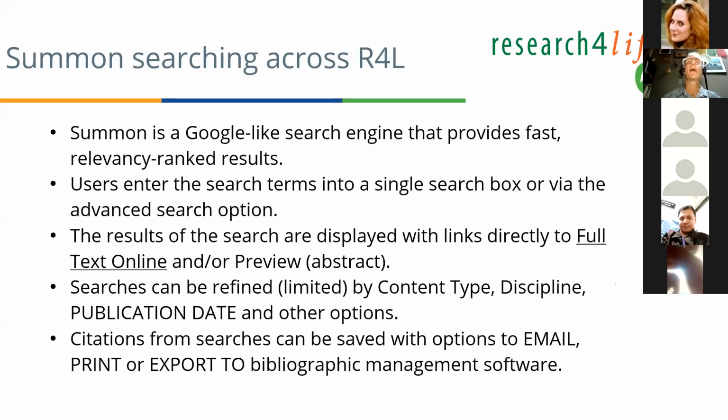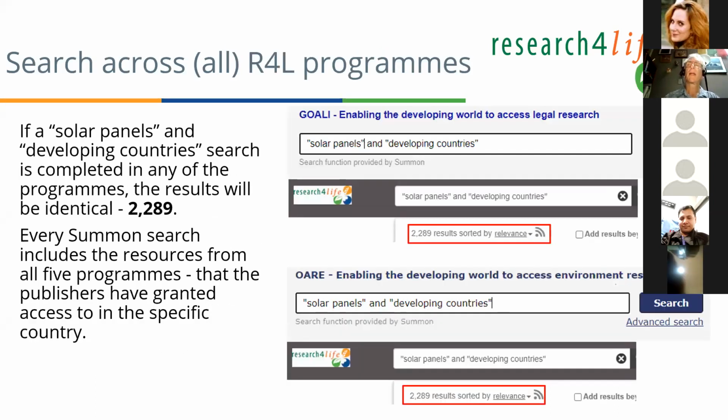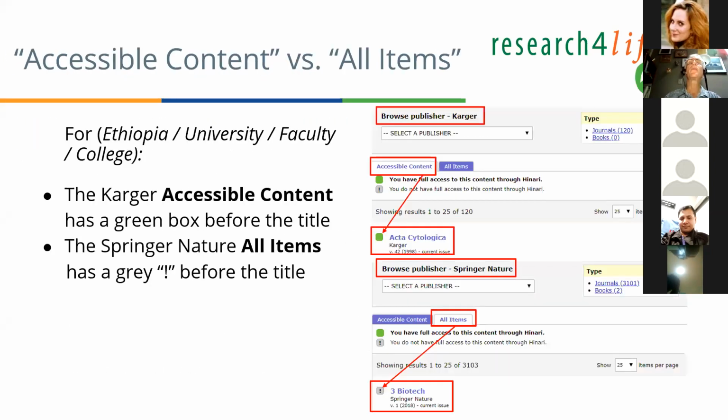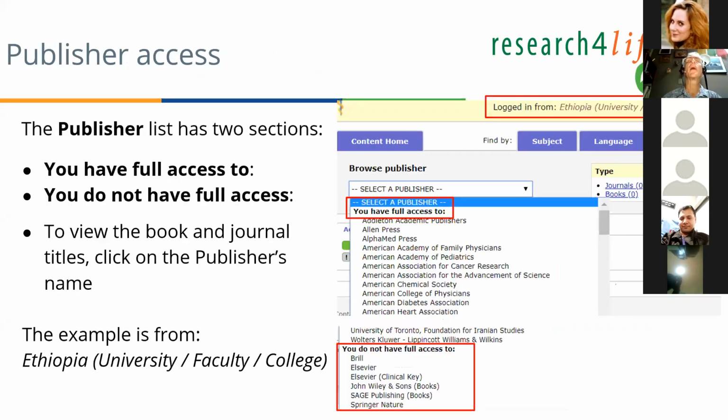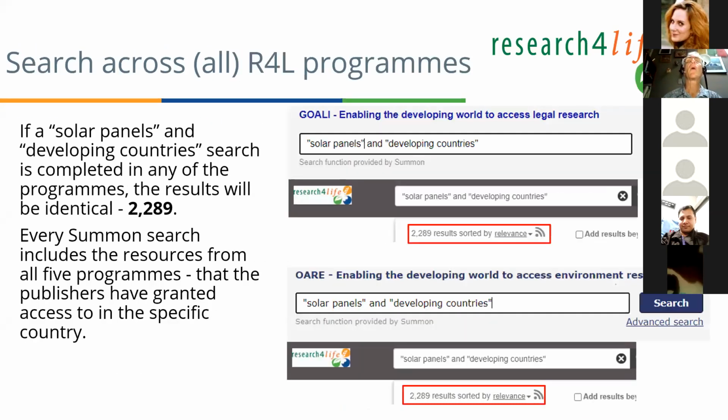Searches can be refined by content type, discipline, publication date, and citations can be saved by email, print, or export. So let me go back here one thing. Here's the search box that you will use for searching in Summon, okay?